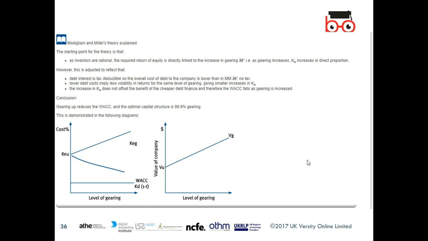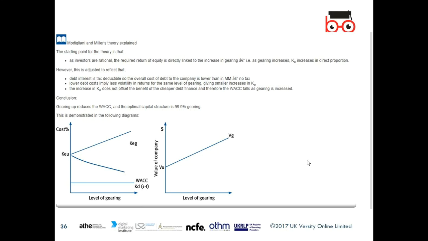One great scholar, Miller and Modigliani, gave the theory and explained that a rational investor requires a return on equity that is directly linked to the gearing. So as the gearing increases, the cost of equity increases in direct proportion.